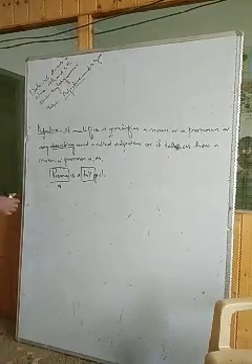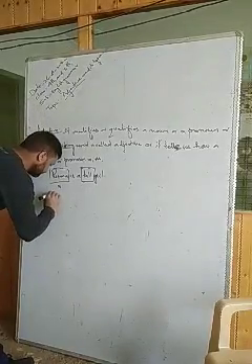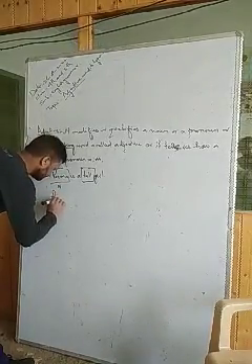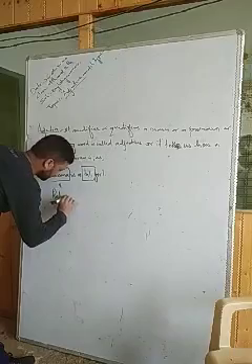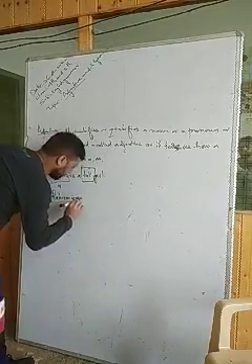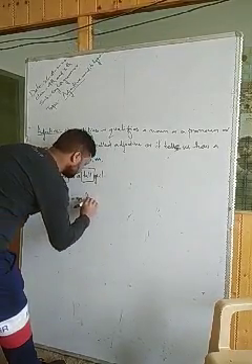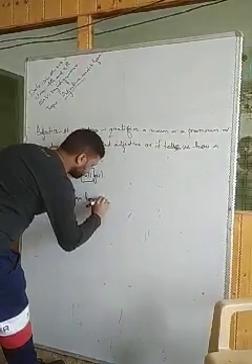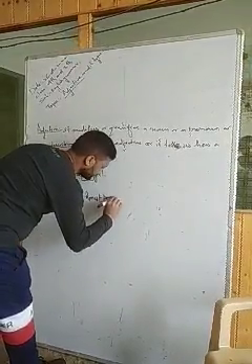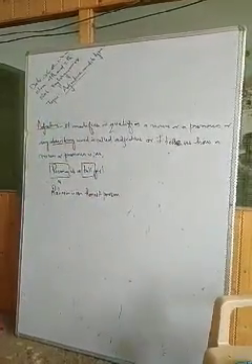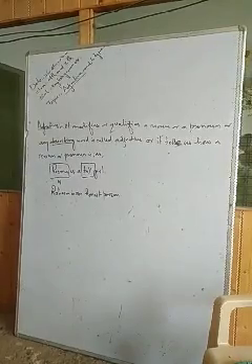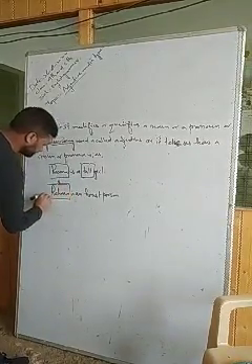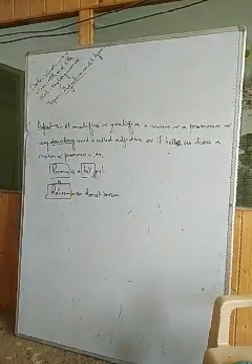Now, one more example. Rahim is an honest person. The word Rahim is noun.